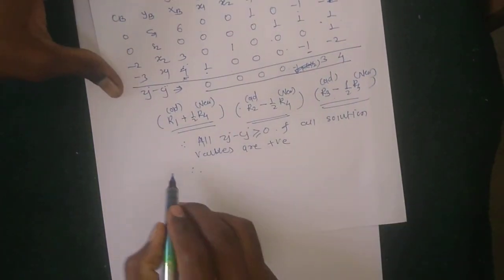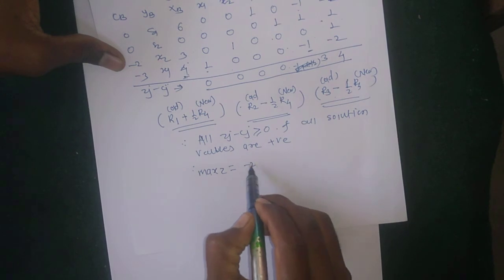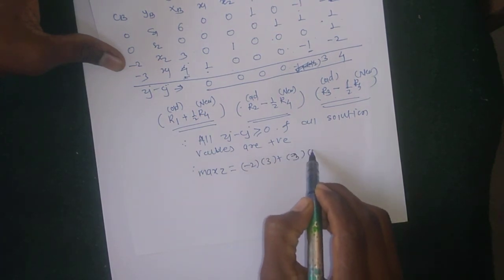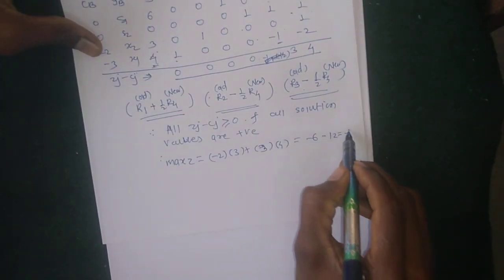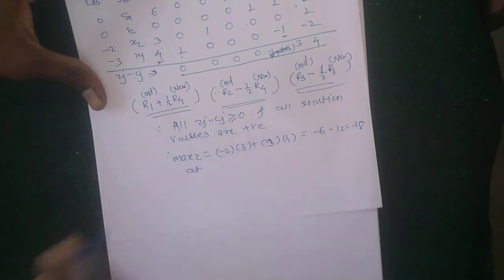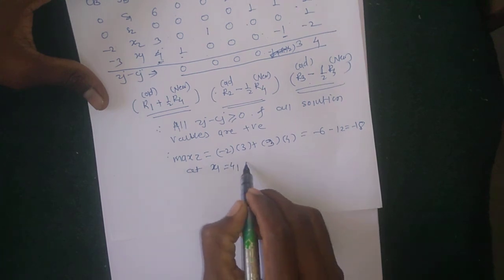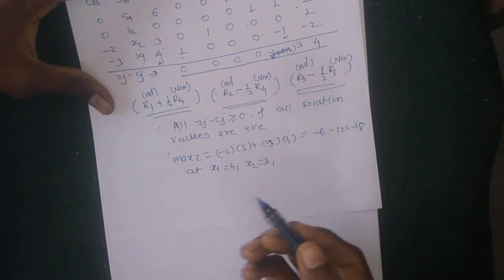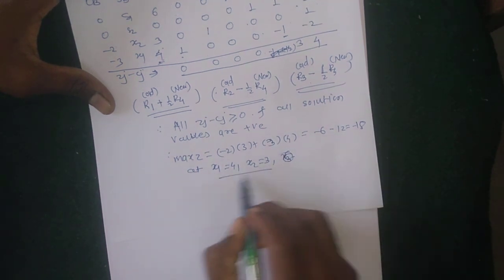Therefore maximum Z is equal to minus 2 into 3 plus minus 3 into 4, which is minus 6 minus 12, equal to minus 18. And at what point: x1 is equal to 4, x2 is equal to 3, and the remaining variables are absent.